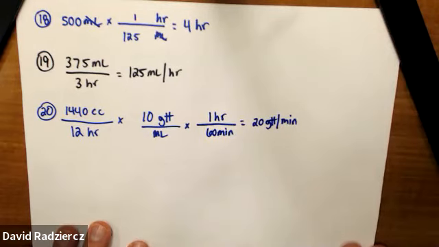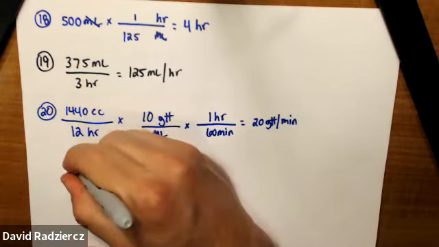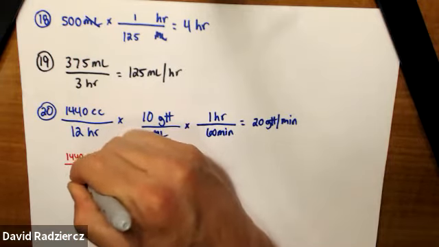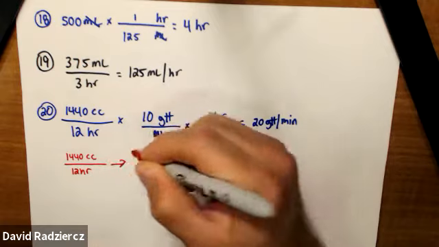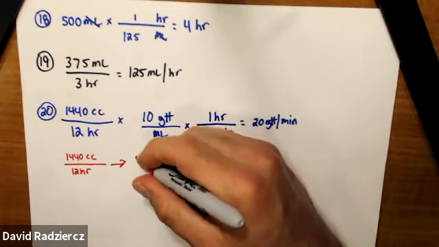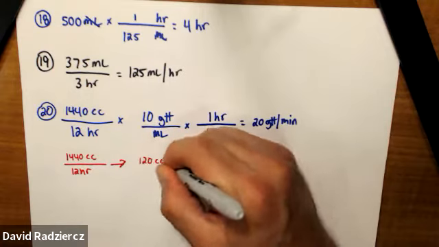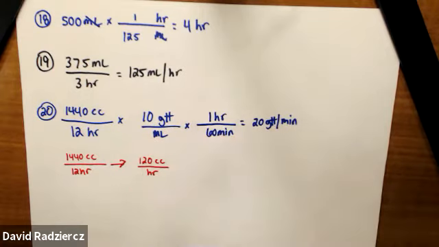Now there's a couple of shortcuts for this. I'm just going to write some shortcuts in red. One thing you can do is take that 1440 cc's per 12 hours and reduce that to 120 cc's per hour, since 1440 divided by 12 is 120.